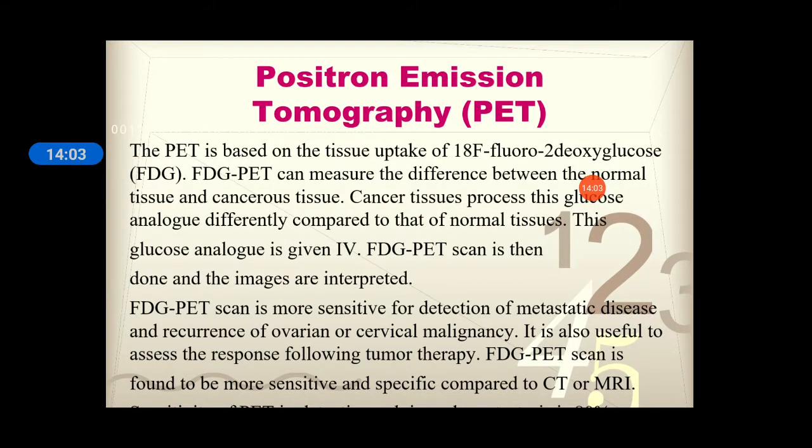emission tomography. PET is based on the tissue uptake of FDG. FDG is nothing but 18F fluoro-2-deoxy-glucose. FDG-PET can measure the difference between normal tissue and cancerous tissue. If you are using FDG in the PET scan, it can differentiate normal and cancerous tissue.